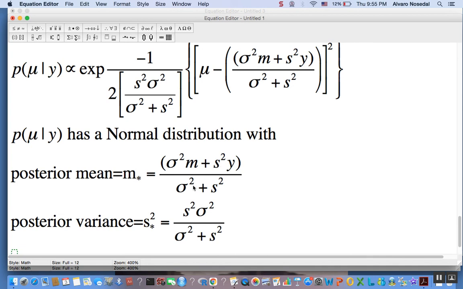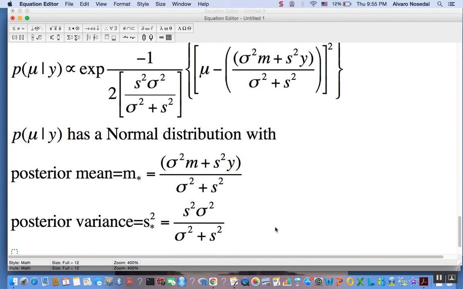Sigma squared is the variance of the normal process, which we're assuming to be known. And the posterior variance, s star squared, is s squared times sigma squared divided by sigma squared plus s squared.